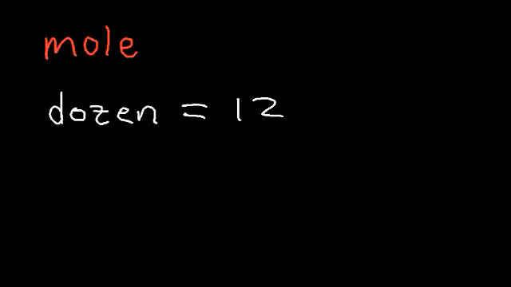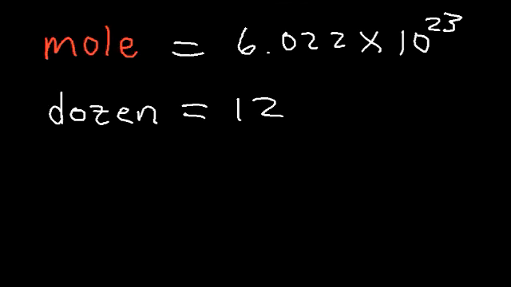Well, just as a dozen equals 12, a mole equals a very large number, 6 times 10 to the 23. So if you have a mole of books, you have 6 times 10 to the 23 books. If you have a mole of papers, you have that many papers, 6 times 10 to the 23 papers. And that's really what a mole is. It's simply a large quantity.